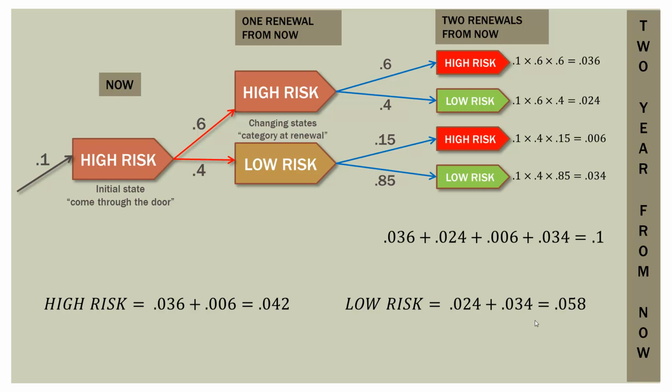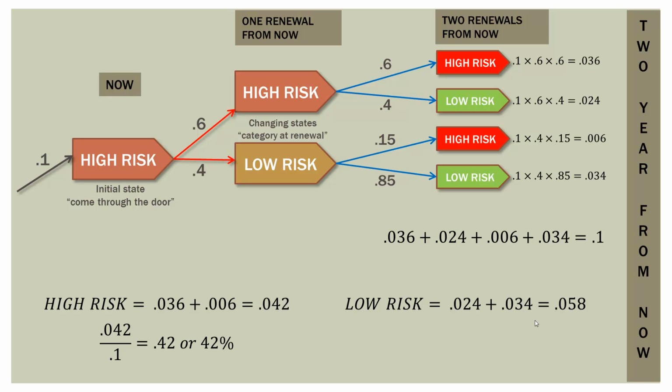That's 0.058. Now to figure out the probabilities, given that they started high risk, we just divide by the total probability at the end of those trees. So for high risk, we have 0.042 divided by 0.1, which is 0.42.